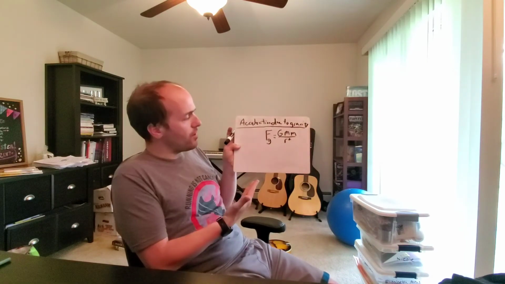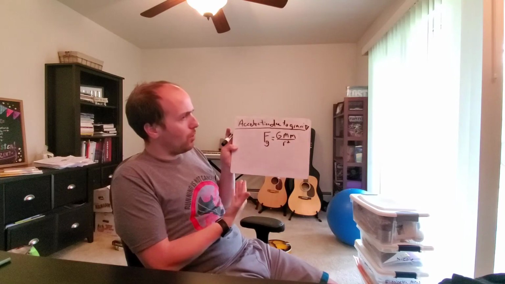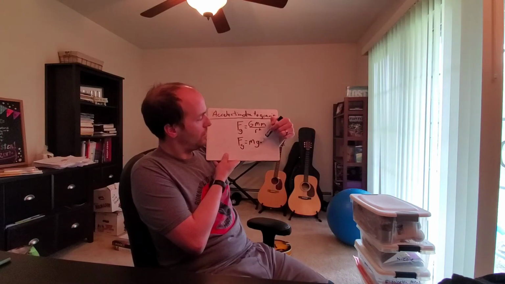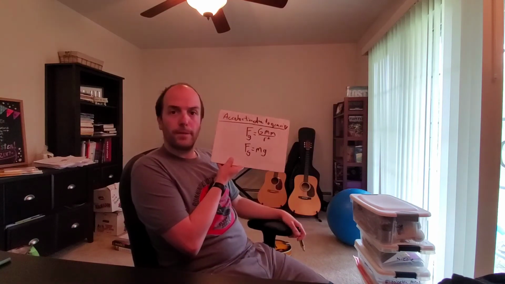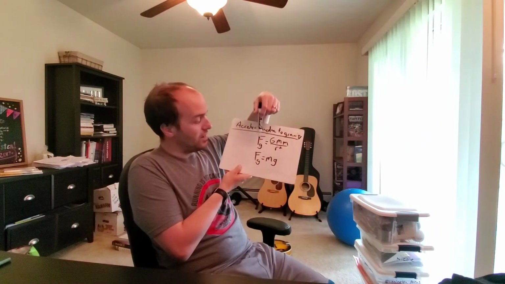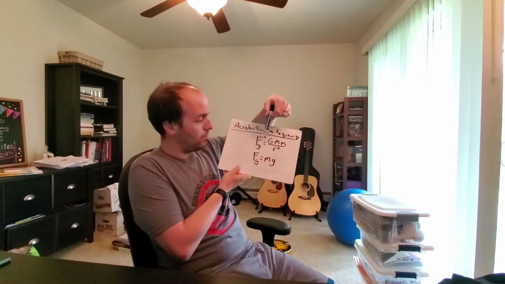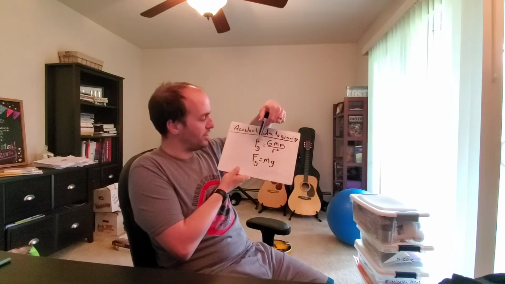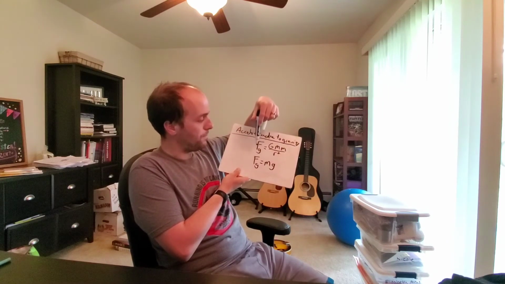And in order to calculate the weight of an object, all we had to do was say we have Fg equals the mass of that object times the acceleration due to gravity, that local acceleration due to gravity. Well, when an object is near the surface of that planet, so that r is basically the radius of that planet, these two values will be the same.